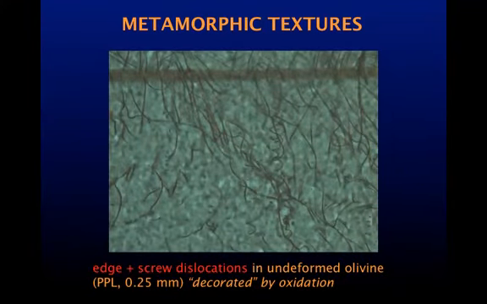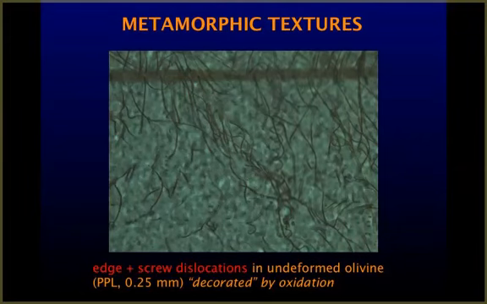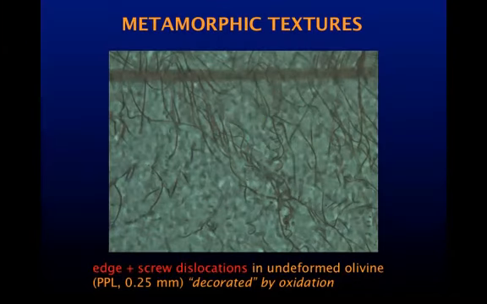Here's another image. Also, again, the dislocations being seen by oxidation, and even notice there's some kinds of dislocations that are screw-shaped in how they deform a crystal. So that's kind of cool.